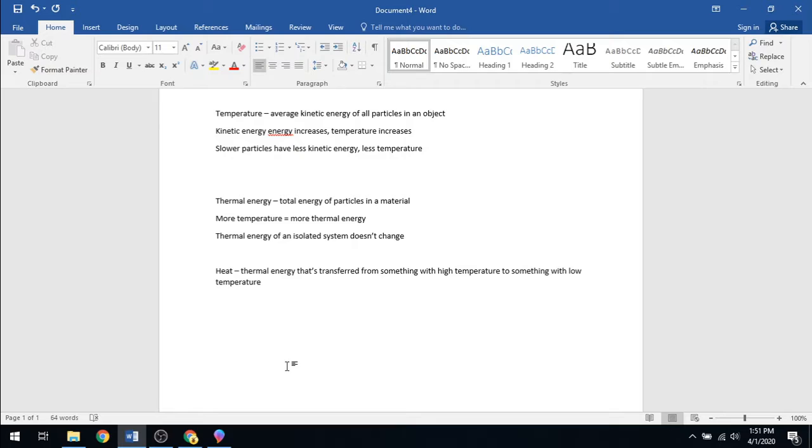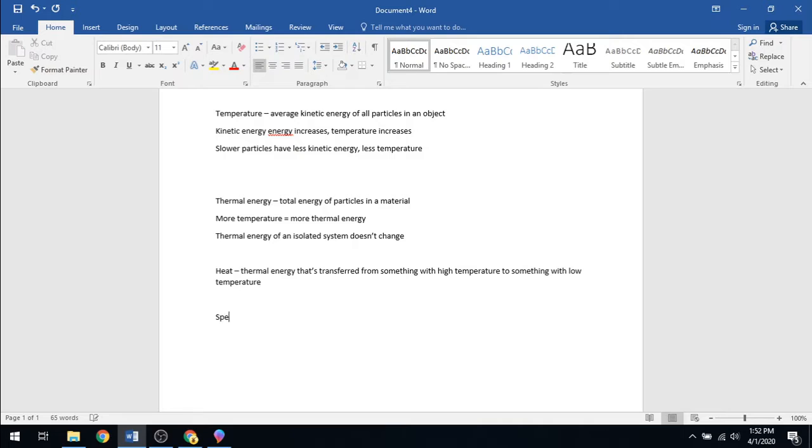Okay, have you ever noticed how some things heat up very quickly and some things do not heat up very quickly? For instance, if you pop popcorn in a microwave, you can pick up the bag by the corners, but when you open the bag and the hot air comes out, you can't put your hand straight in because it's too hot.